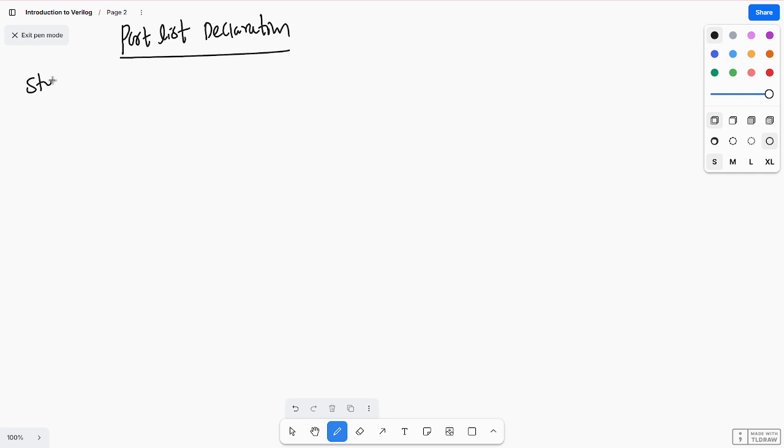First, we'll see style one. Suppose I am taking the same half adder. How many inputs and how many outputs? Two inputs, two outputs. Let us take the inputs as A, B, and the outputs as sum, comma, carry, or S comma C.